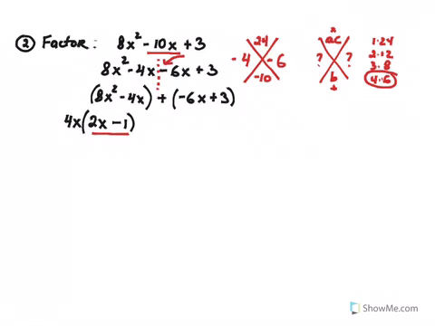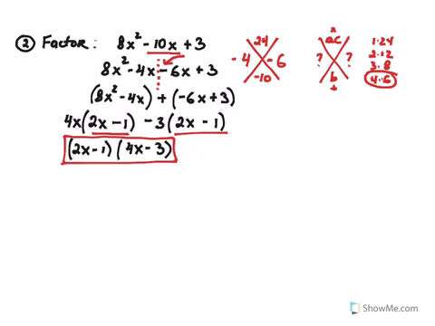Therefore, I will factor negative 3 out of the second group. Factoring negative 3 out leaves me with a remaining factor of 2x minus 1, exactly the same expression as my first group has. Now finish by factoring this common factor of 2x minus 1. The factored form of the original trinomial is 2x minus 1 times 4x minus 3.